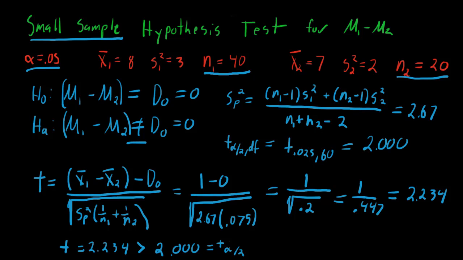So since our test statistic is greater than the t of alpha over 2 with our 58 or 60 degrees of freedom, we successfully reject our null hypothesis and accept the alternative, where our alternative is that the mu's for our two different populations, so mu1 and mu2, are in fact different.